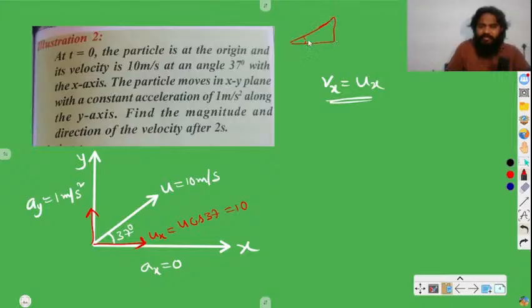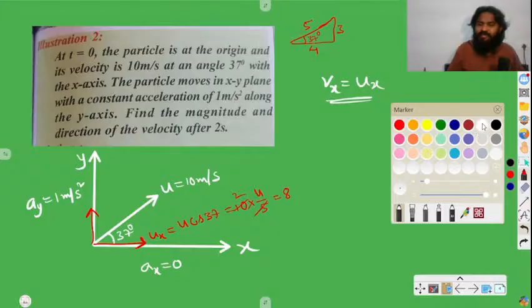For 37 degrees, the opposite side will be 3, the adjacent 4, and the hypotenuse 5. This is the 37 degree triangle. So cos 37 is adjacent by hypotenuse, which is 4 by 5, into 10, and you are getting 8. So V_x is equal to nothing but, what is V_x, guys?